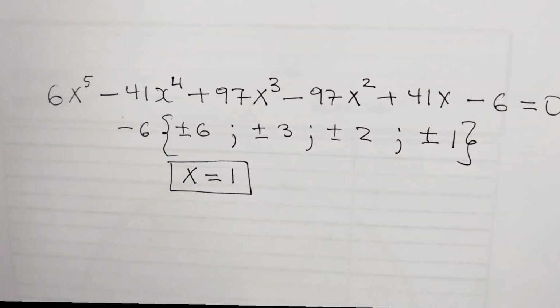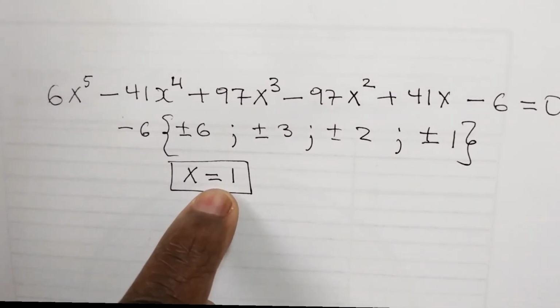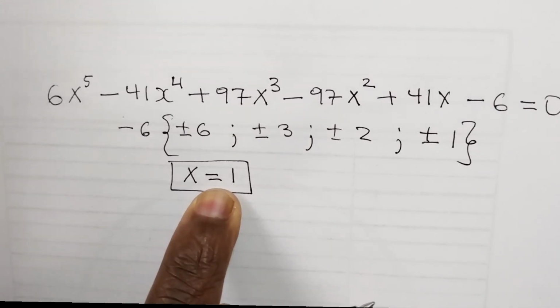Ladies and gentlemen, no need to remind you that a quintic equation, an equation where the highest power of x equals 5, such equation has 5 possible roots, 5 possible answers. Right here we have the first answer, x equals 1. Now, how do we find the remaining 4 roots?